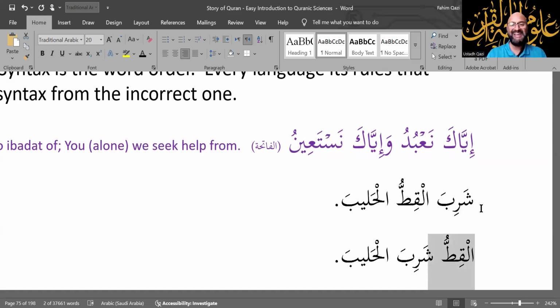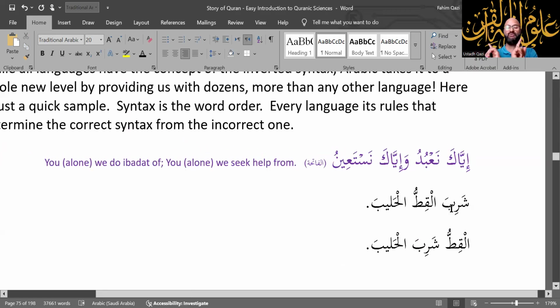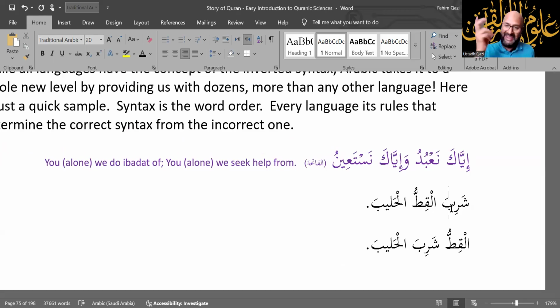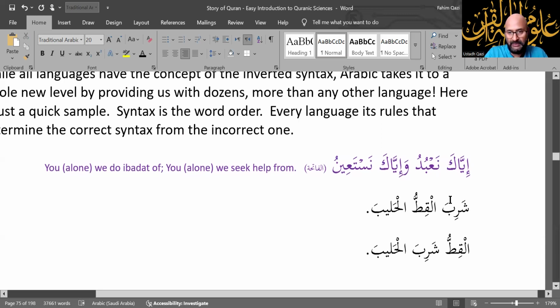There's an implication there. So you see the syntax inversion, or changing the word order. The Arabic poets were experts in playing with the word order to create rhetorical effects. And when the Quran came, it knocked them out. They couldn't believe how amazing the Quran's syntax inversion techniques were. So with that in mind, let's go here to Iyaka na'budu.